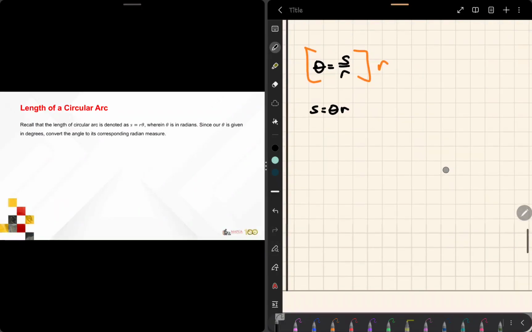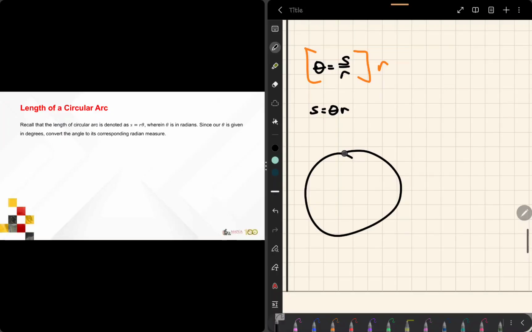So now, if we draw our figure, we will have a circular arc, a circular motion of the ISS. It is stated that it is subtended on a 45-degree angle.